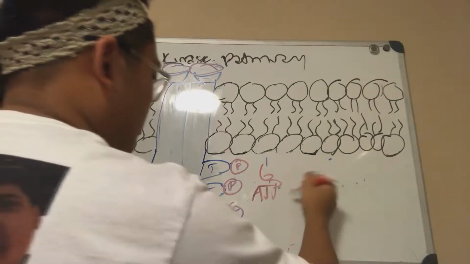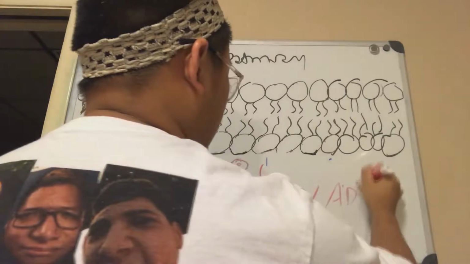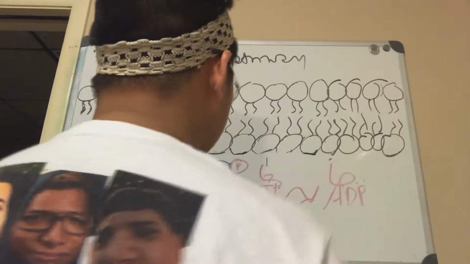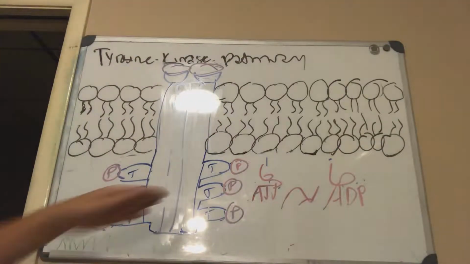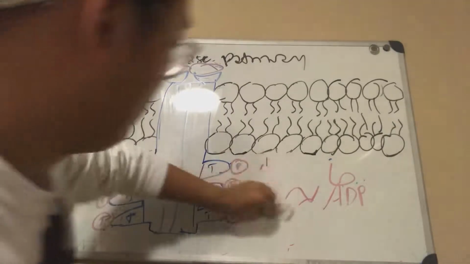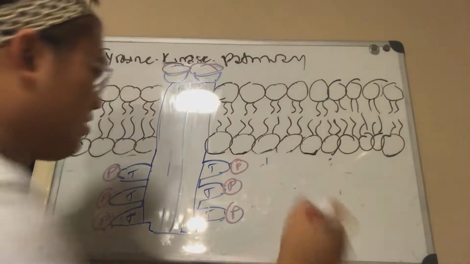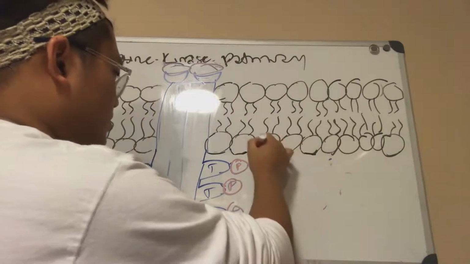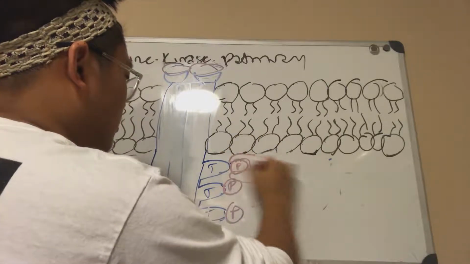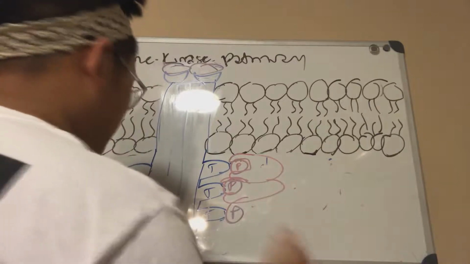The ATP, once it gives off the phosphate, becomes ADP. So then once all the tyrosine kinases are activated, relay messengers within the cell come and bind to all 6 of the tyrosine kinase tails.